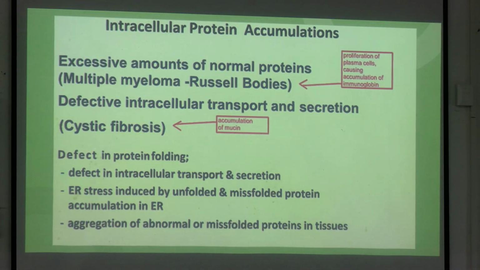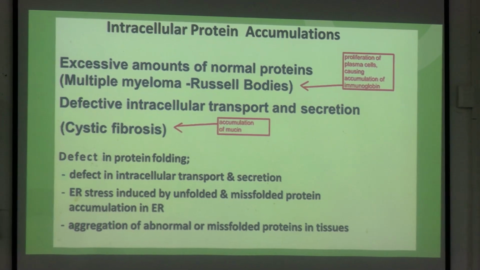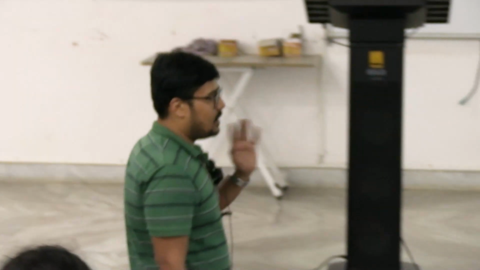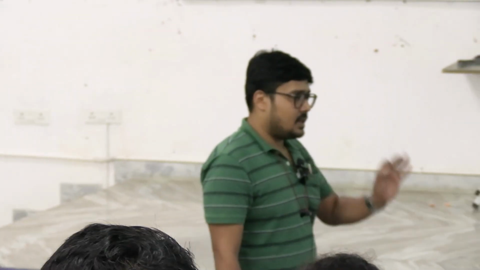So how does intracellular protein accumulation occur? Same as lipid, either due to overproduction of the protein or due to decreased excretion of the protein from the cell, okay. Like fat, like glycogen, every intracellular accumulation means either overproduction or decreased excretion.